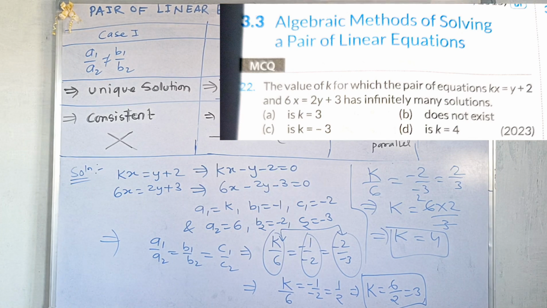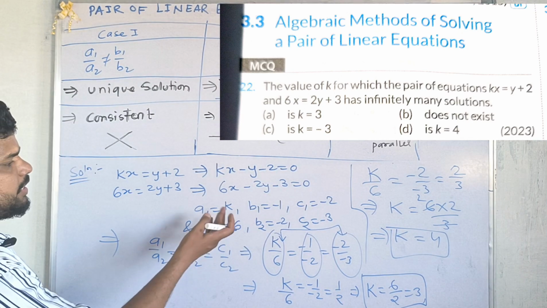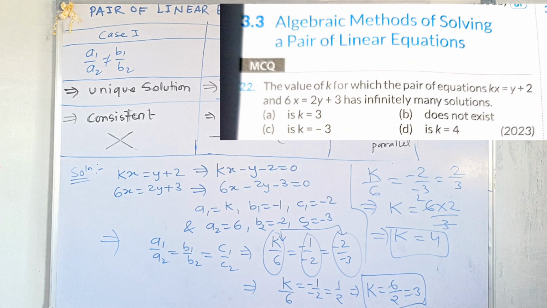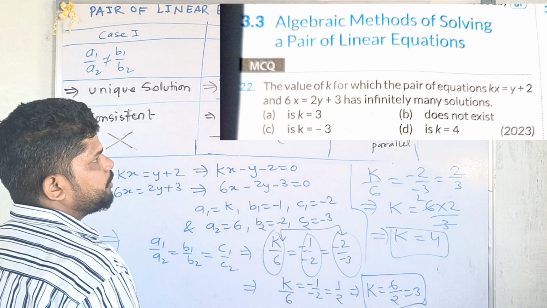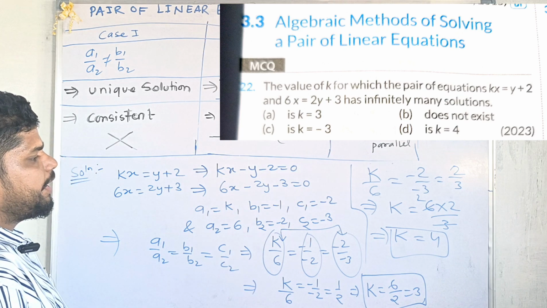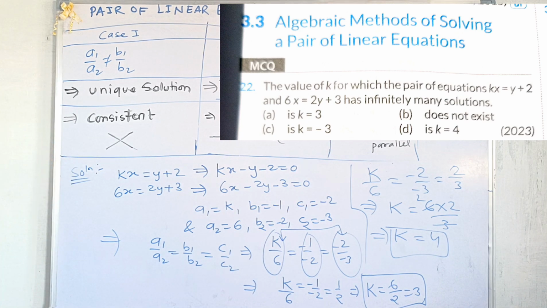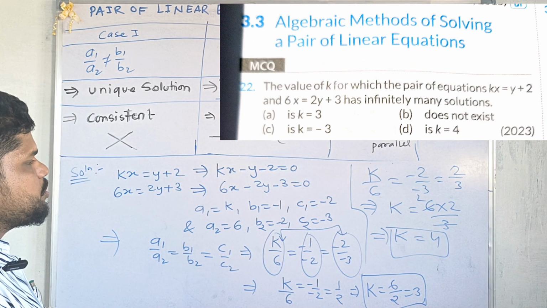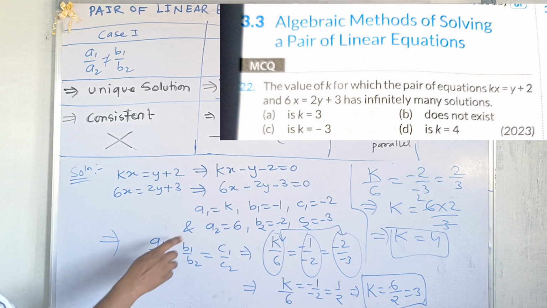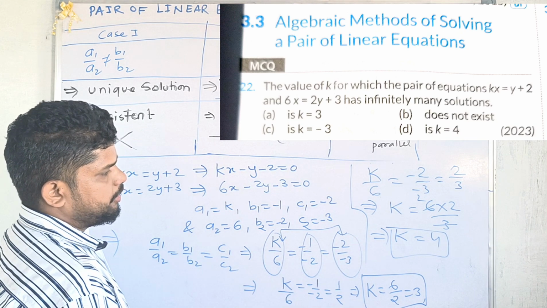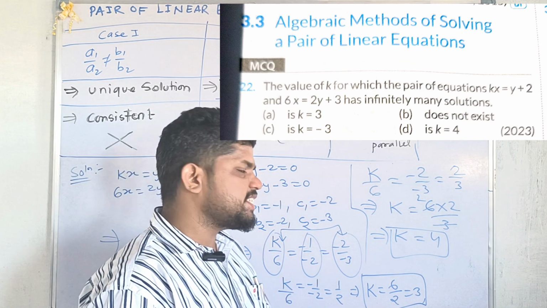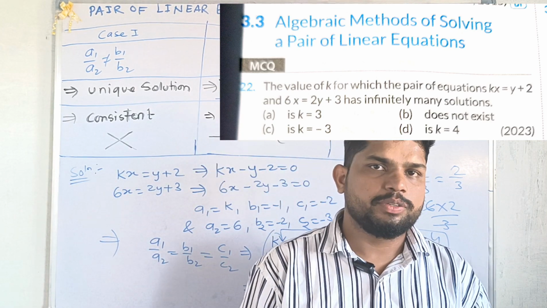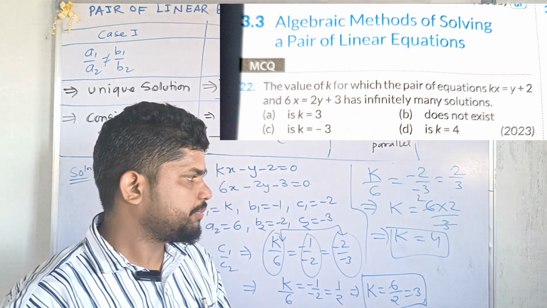Just by looking, whatever be the value of k, we can predict that 1 by 2 is not equal to 3 by 2. So that shows that it will have no solution, but for the value of k we are getting two different values, that is 3 and 4. So option number B is the correct answer as per me. Okay, option number B is the correct answer.